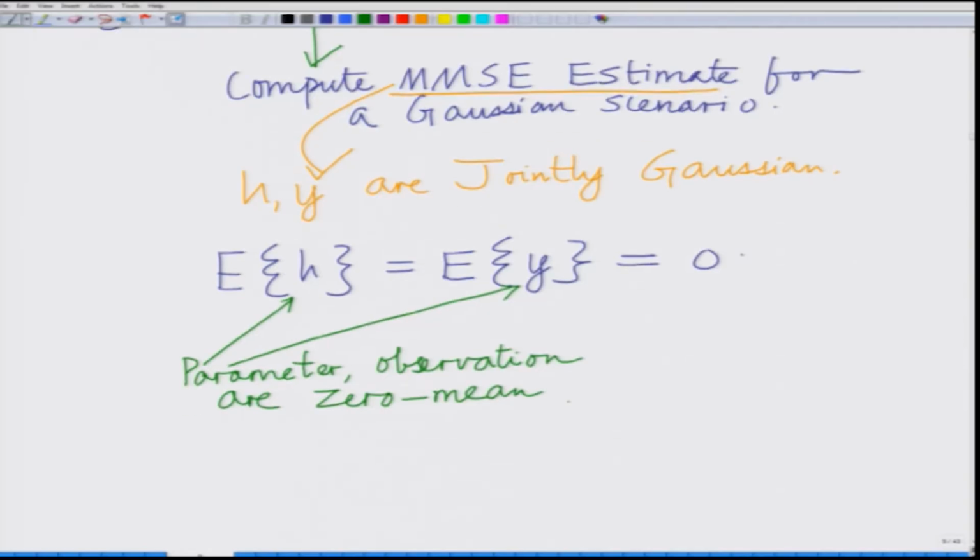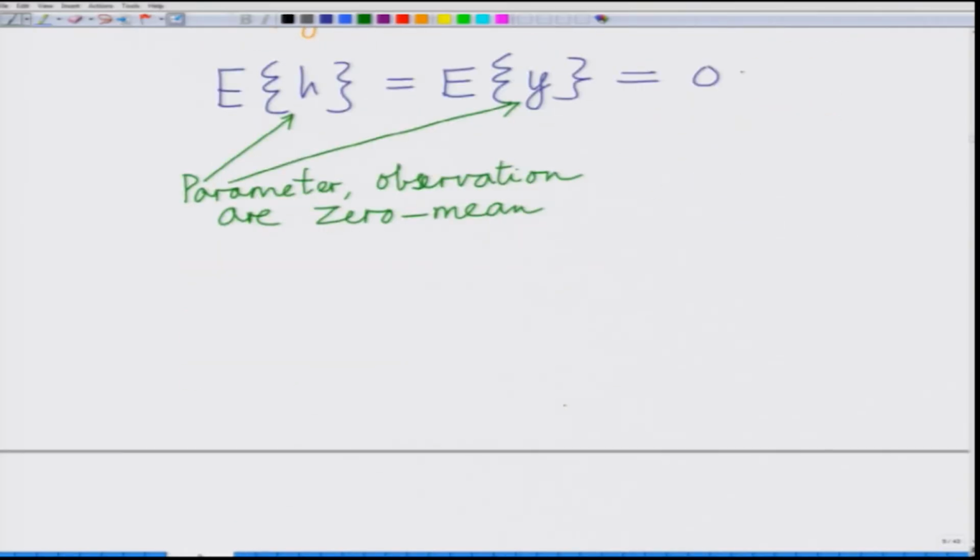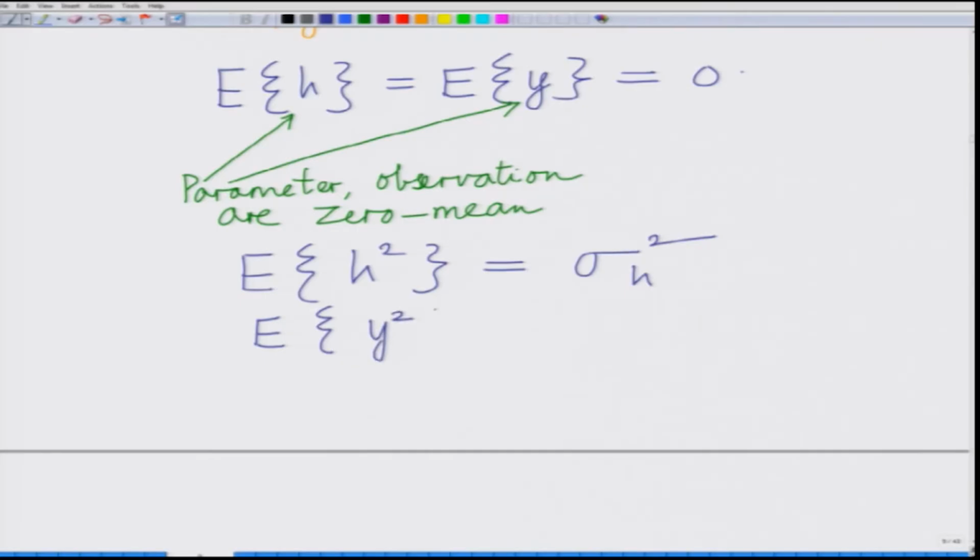Also, let the variances be given as the expected value of h square, which is the variance of h since it is zero mean, equals sigma h square, and the expected value of y square equals sigma y square. This is the variance of the observation.